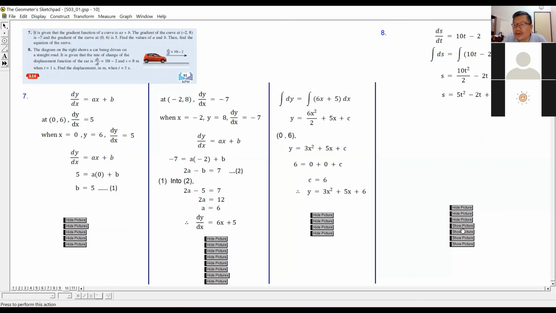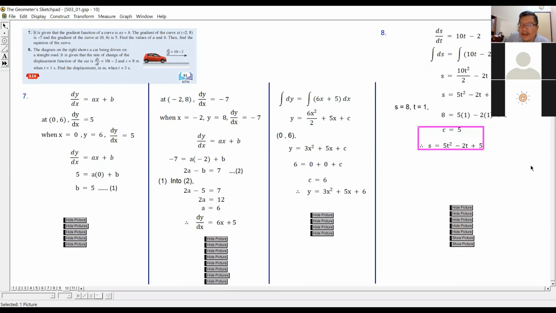So I'm going to substitute S equals to 8, t equals to 1. So 8 equals to 5 times 1 minus 2 times 1 plus C. So what is the value of C? C is 5.